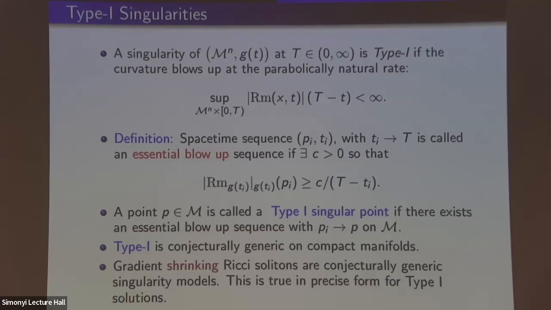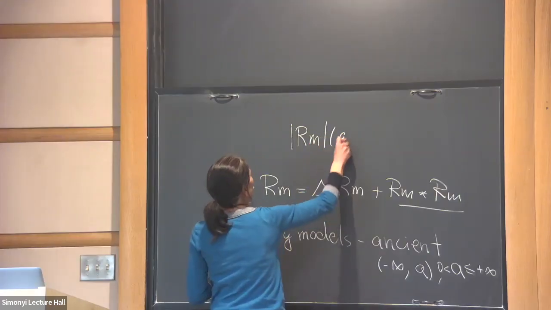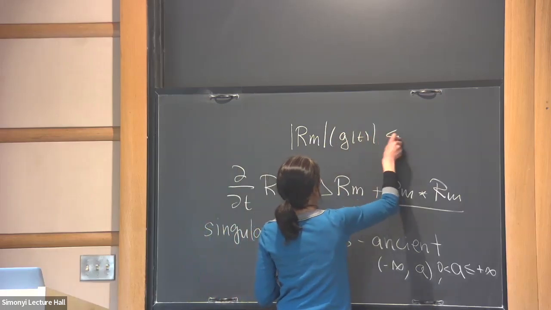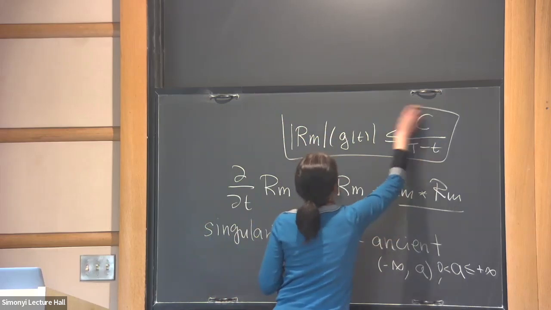Remember, type 1 solution just means that for your solution, the Riemannian curvature is bounded by some constant over the time to blow up.